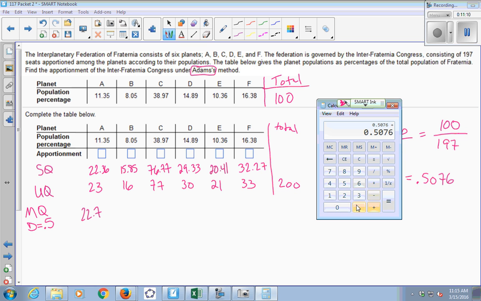It was 0.0076, you said? 0.515. We'll try that. Okay, sorry. The reason I knew I made a mistake there is because I was expecting this number to be smaller than this number, right? That was the whole idea, you want these numbers to be a little bit smaller.